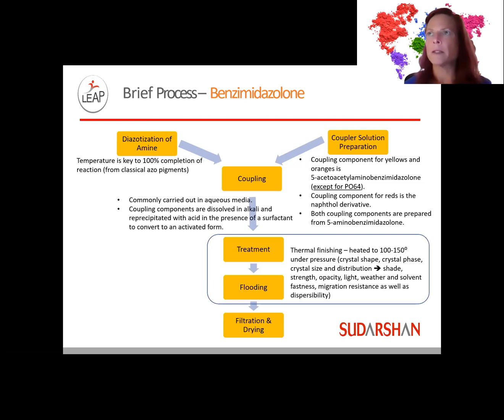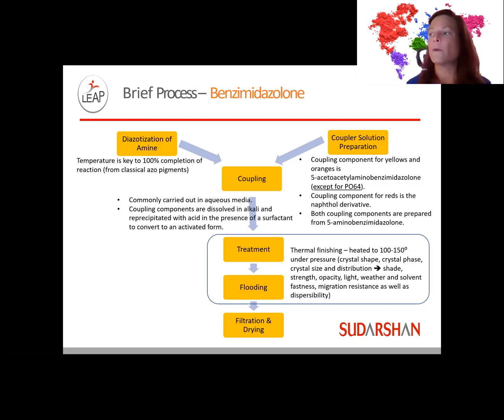And as far as the important properties and steps in the manufacture, the thermal finishing is probably the most key in terms of creating the correct end product that you're looking for. The product is heated anywhere between 100 degrees and 150 degrees C under pressure, and that set of conditions creates the crystal shape, phase, size, and distribution of the pigment.